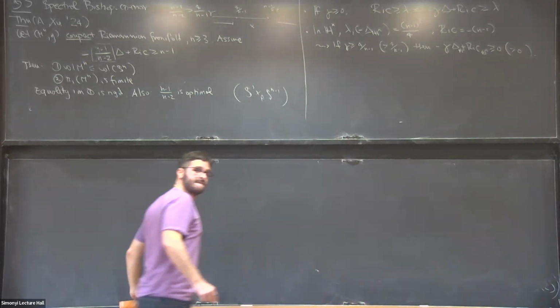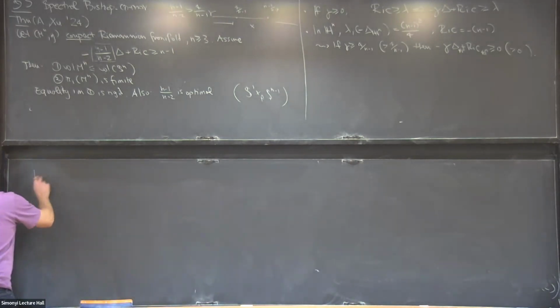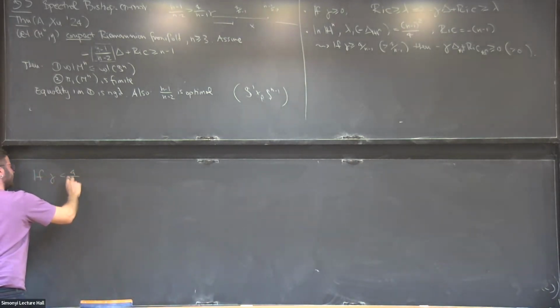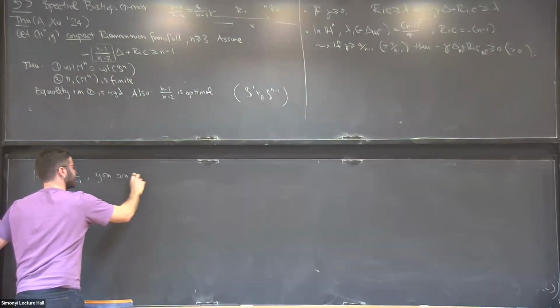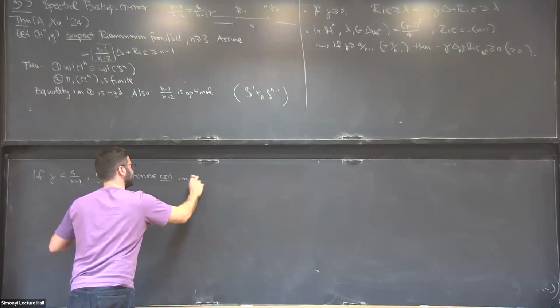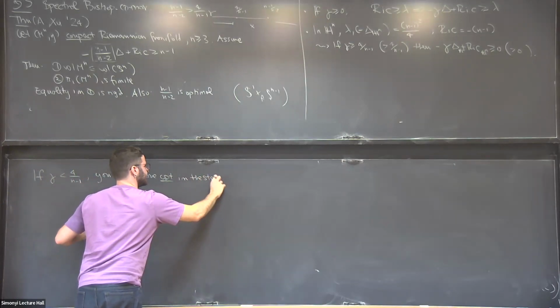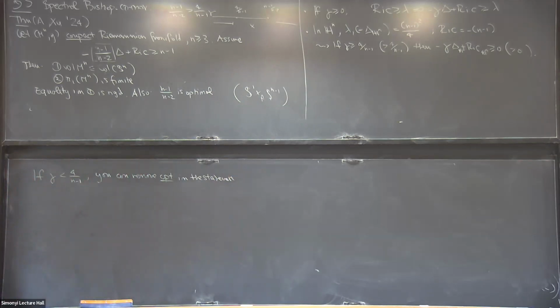Can you remove this compact assumption and prove the manifold is compact? Yes, if gamma is less than 4 divided by n-1, you can remove compactness in the statement, which means that compactness is a consequence of the condition.